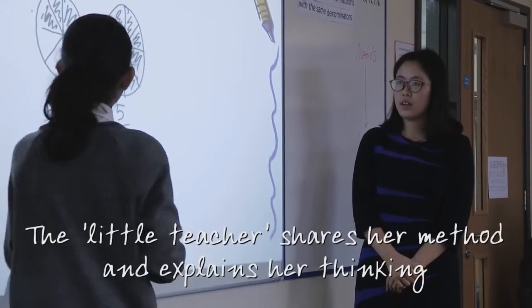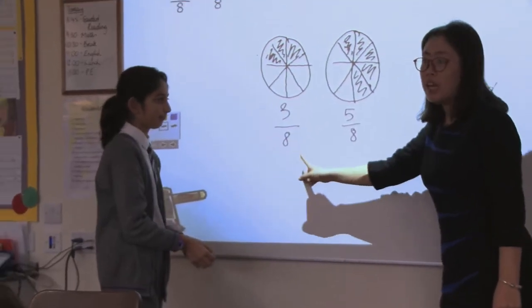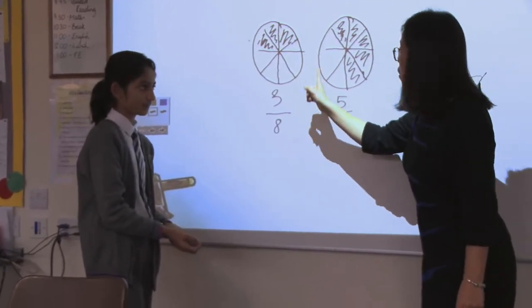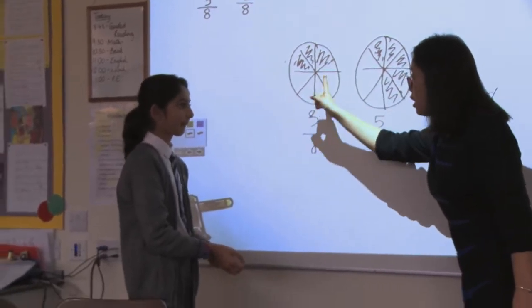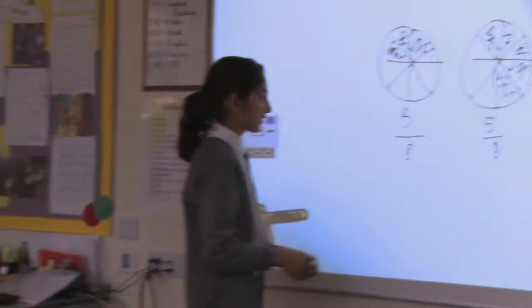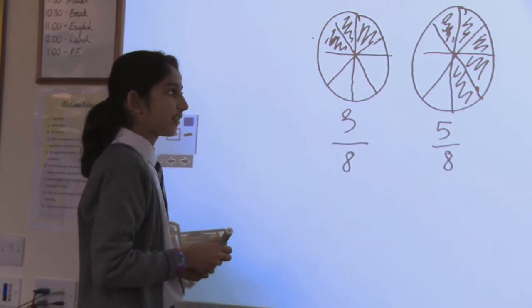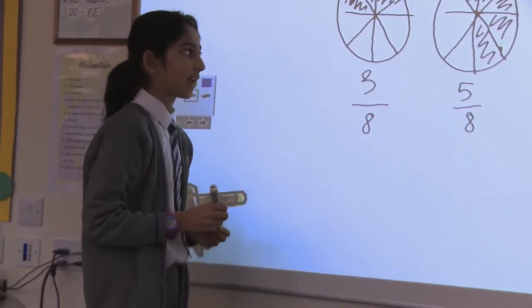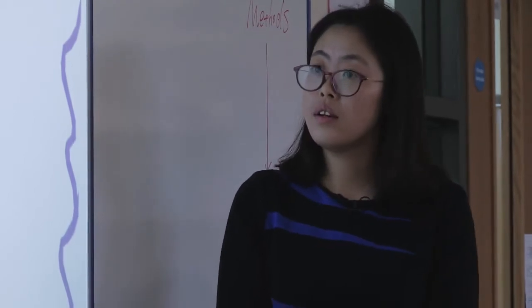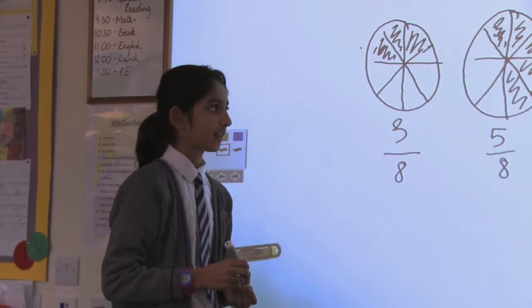So the denominator means that there would be 8 equal parts, so I've drawn 8 equal parts. So you divided the circle into 8 equal parts. Then, because the numerator is 3, I shaded in 3 of the 8 pieces to make 3/8. Yes, this is 3/8.